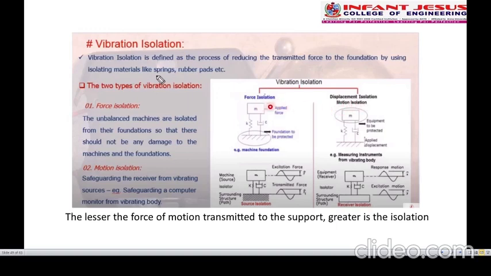So force isolation and motion isolation. In force isolation, the unbalanced machines are isolated from their foundations so that there should not be any damage to the machines and foundations. So the foundation has to be protected from the vibration.